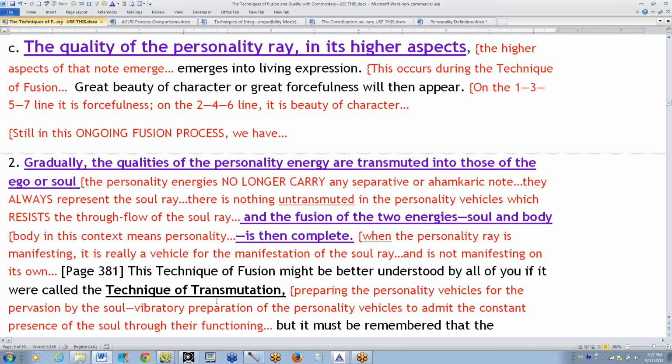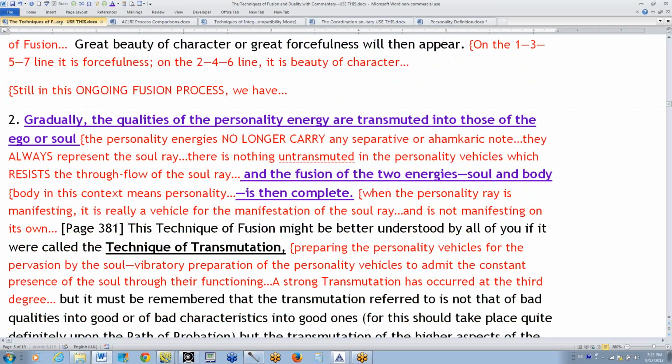Okay. The technique of transmutation. It suggests that there is a very strong transmutation that has occurred at the third degree.